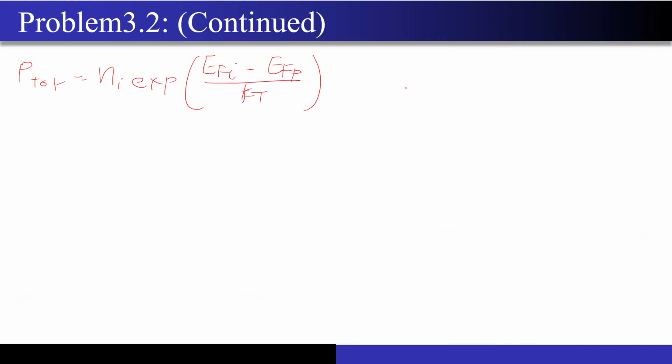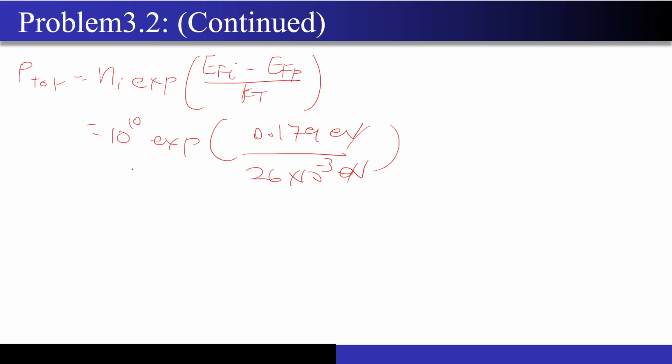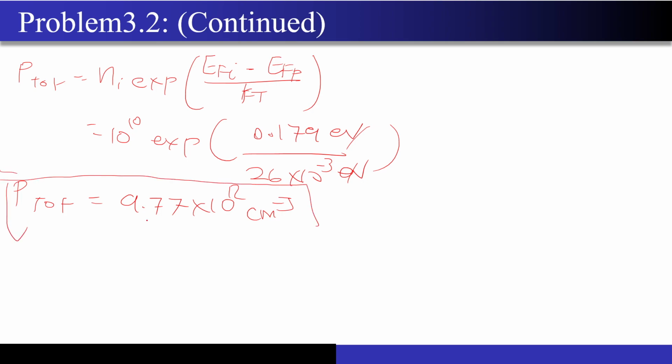So again I have to put it over here. So this is 10 to the power 10 times exponential of 0.179 electron volts divided by 26 milli electron volts, right? So the electron volt got cancelled, and if you calculate, this p total will come out to be around 9.77 into 10 to the power 12 per centimeter cube. So this is the p total that we have, right?